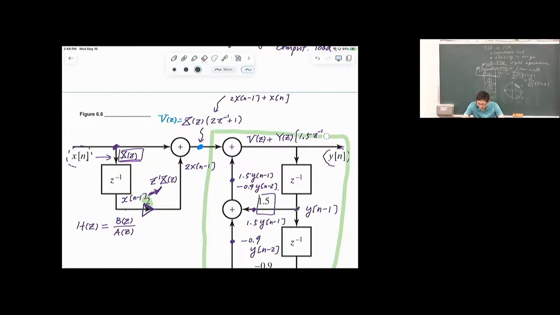So just be careful, you have minus 0.9 z to the minus 2. That's what's going on in here.